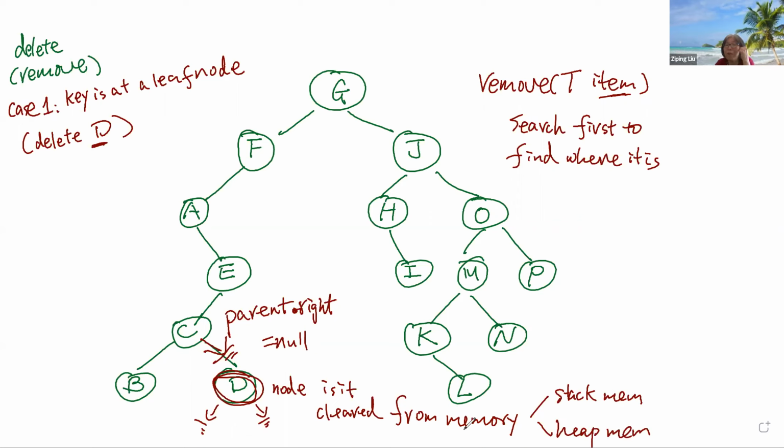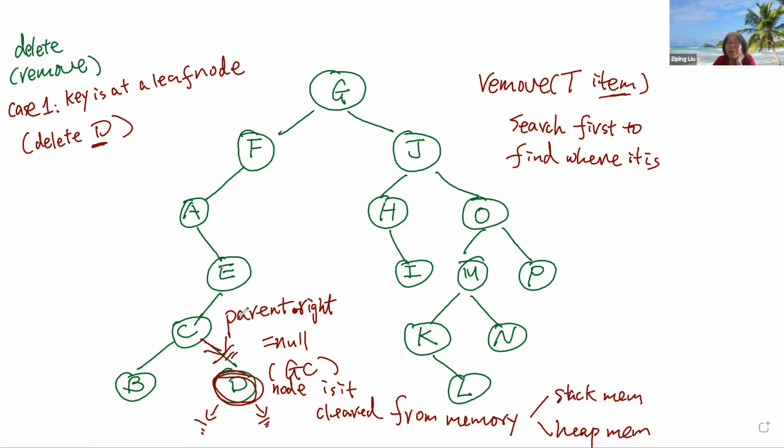Is it cleared? Not yet. Maybe waiting for garbage collection. In Java, it's not cleared from memory, because the Java virtual machine will take care of the garbage. So garbage collection will take care of this.